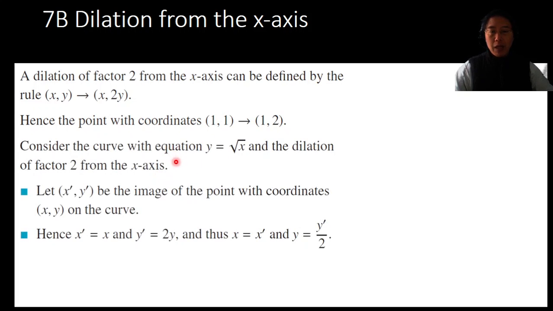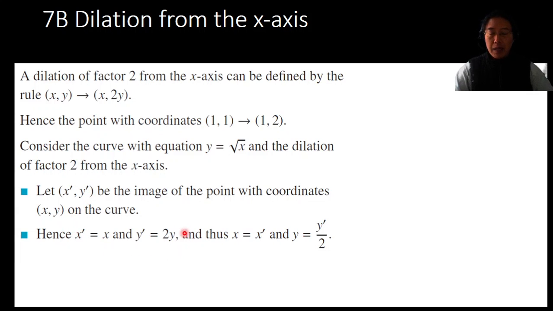Now if we apply a rule, our function will be square root of x. The common strategy you'll use every time is to create your image coordinates with the dash or the prime. I usually call them x prime, y prime.